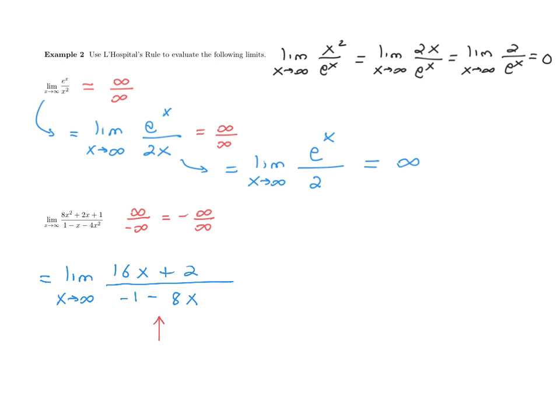And it still is indeterminate. The top goes to positive infinity, the bottom goes to negative infinity, but this is really an infinity over infinity situation, meaning we can use L'Hopital's rule again. This is the limit as x goes to infinity of, the top is 16, the bottom is negative 8. This limit is 16 over negative 8, or simply negative 2.